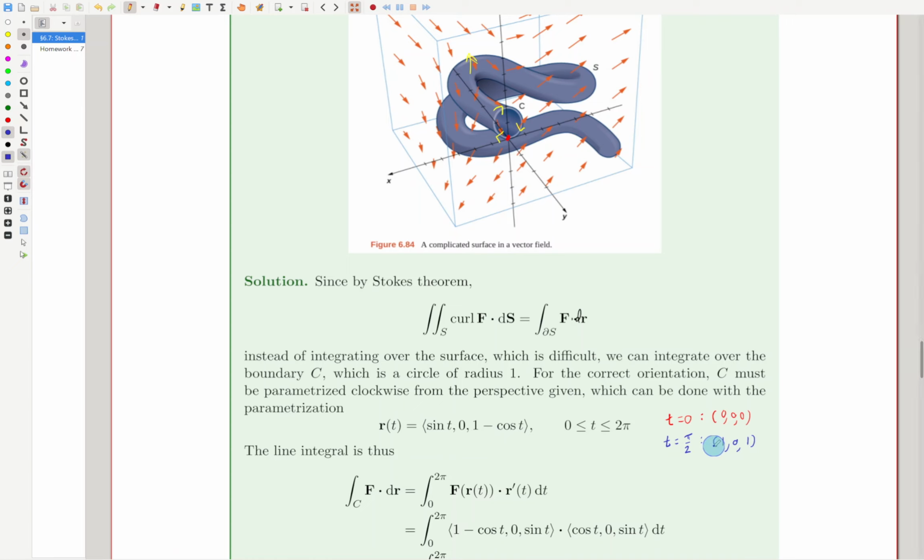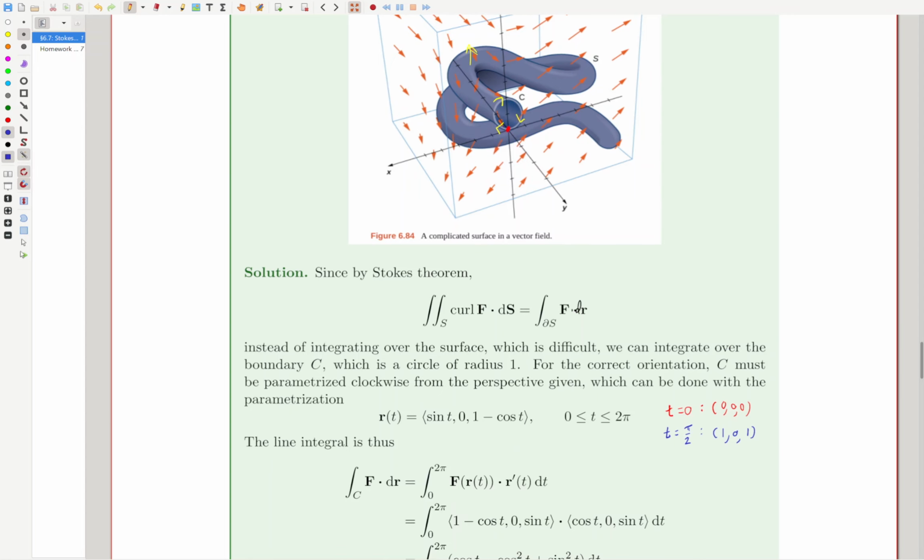So you end up getting the point 1 comma 0 comma 1. So x is positive 1, z is positive 1. That lands you up here. Bit hard to see, but yeah. So that has given us the correct orientation for this.